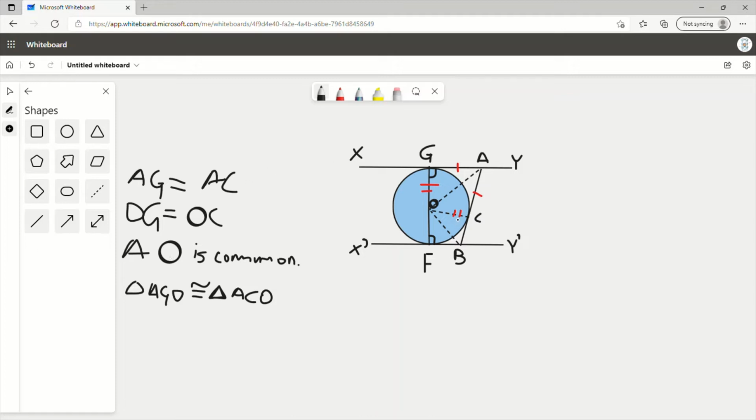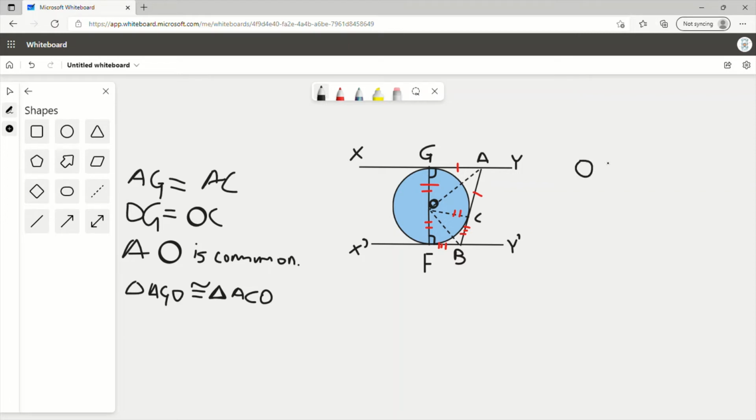Now let's move on to the next triangle. So similarly, CB equals BF because tangents, right? And OC equals OF. So this can also be proved by congruency of triangles over here too.